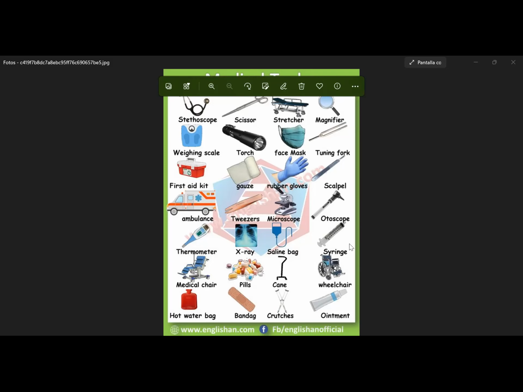What about the syringe, Joseph? Can you say that? Syringe. Inject medicament. It's used to inject medicine. To inject fluids.